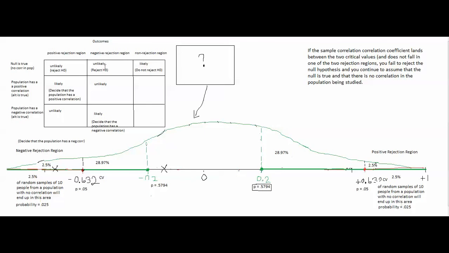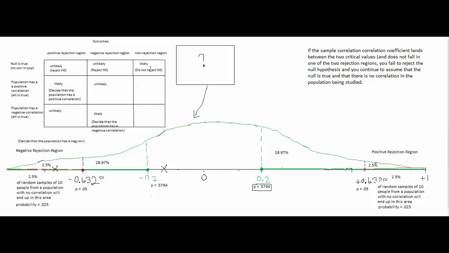So if you get an outcome that's unlikely to happen when the null hypothesis is true, you reject the null hypothesis and you pick one of these two outcomes, positive or negative, depending on which one would be most likely to give you the outcome that you ended up finding. If you get an outcome in the non-rejection region that's likely to happen when the null is true, you don't reject the null hypothesis.